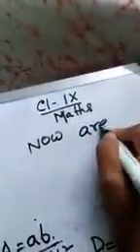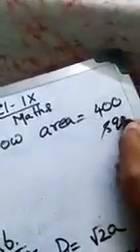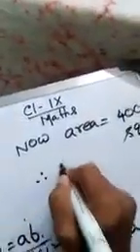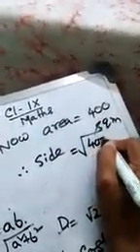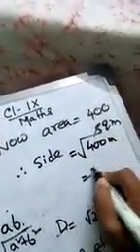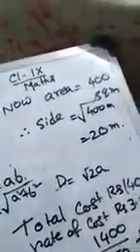Area is equal to 400 square meter. Therefore, side is equal to root over 400 meter, that is 20 meter. Again, we read the next part of the question.